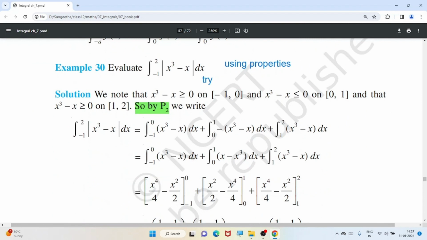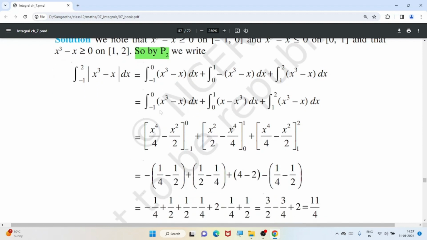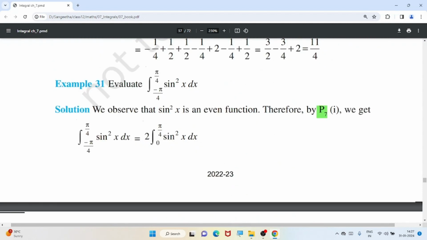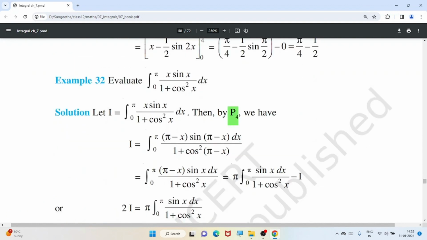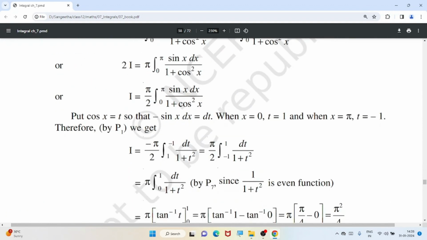Using those properties, see how they are evaluating this. They have mentioned which property they are using, so you can go through them, and similarly for the other examples.